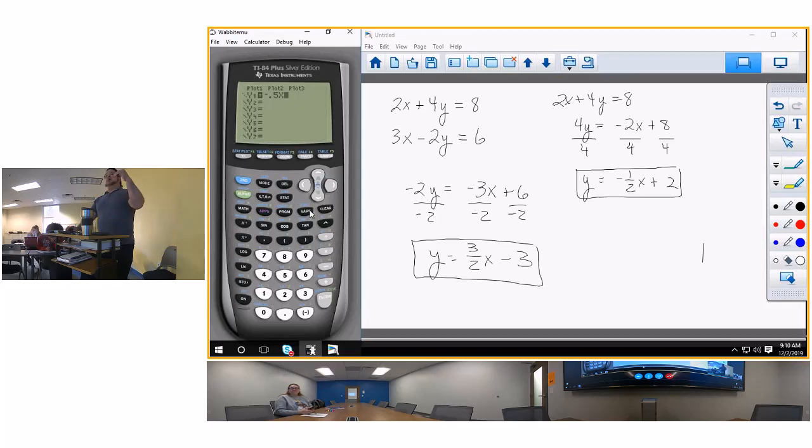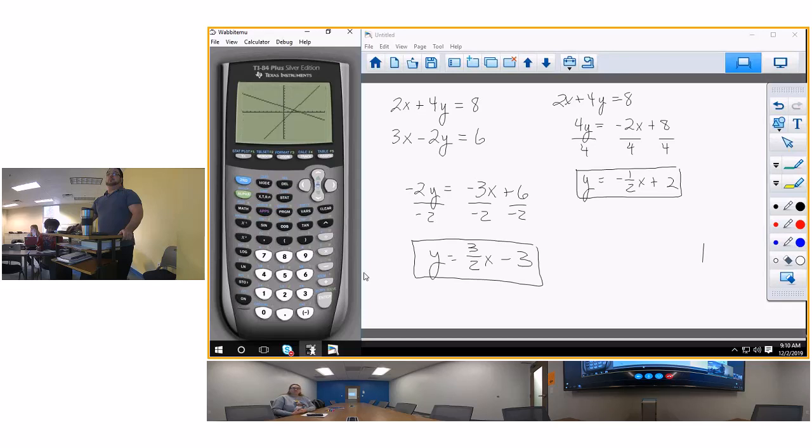So it'd be parentheses, negative 1 over 2, close parentheses, then x. Plus 2. And then the next one, I can put in 1.5 if I want to, but I'm not going to because I want to show you how you need to type it in. Parentheses, 3 divided by 2, close parentheses, x minus 3. And then hit graph.